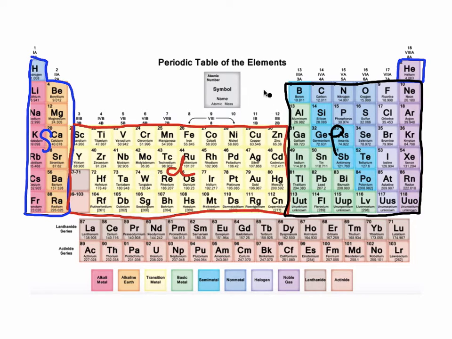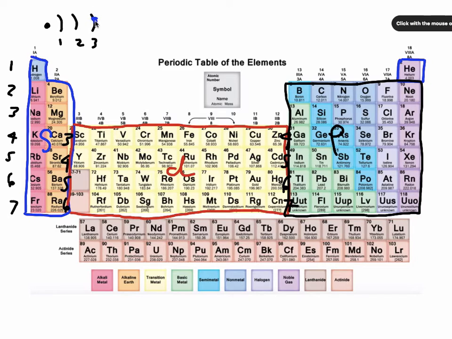Now we know that electrons at different distances from the nucleus live in energy levels as well, and those are indicated by these numbers here. We know the d block lags behind by one, and we pick back up again here at the p block. So, for example, the last electrons in magnesium are in the third energy level, 3 energy levels away from the nucleus, 1, 2, 3, and those electrons live in an s orbital.